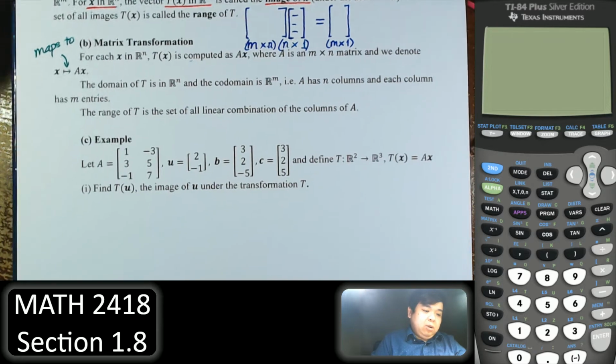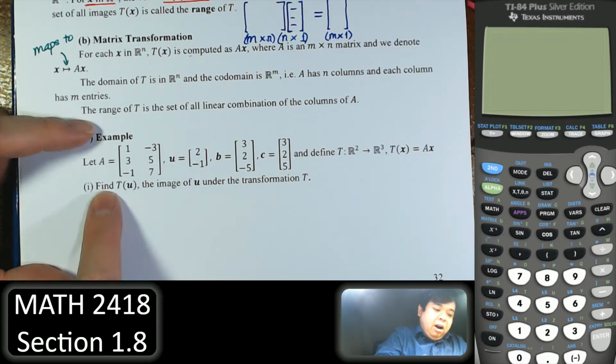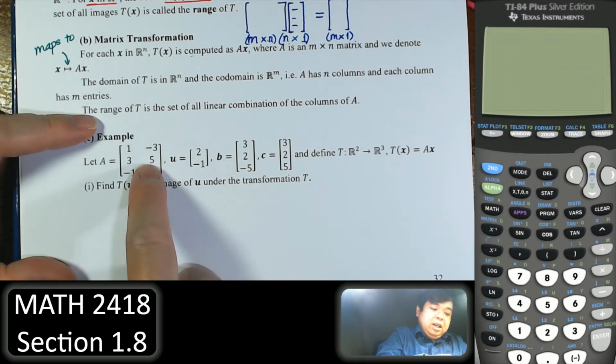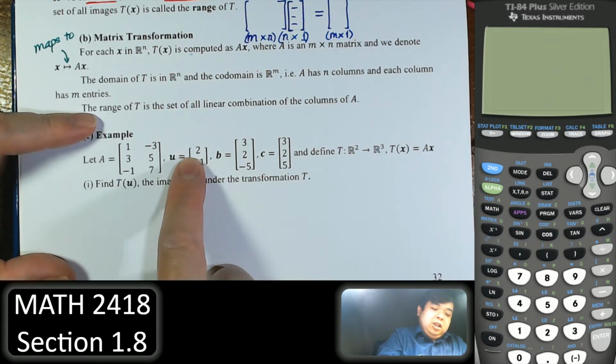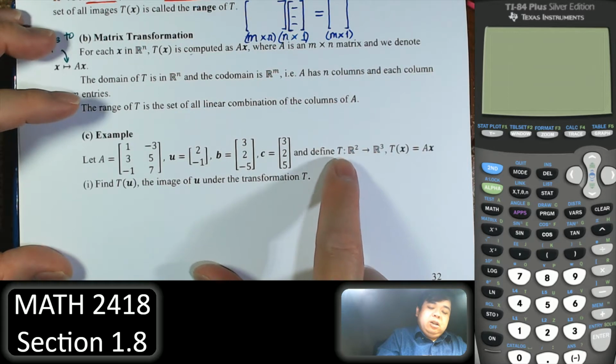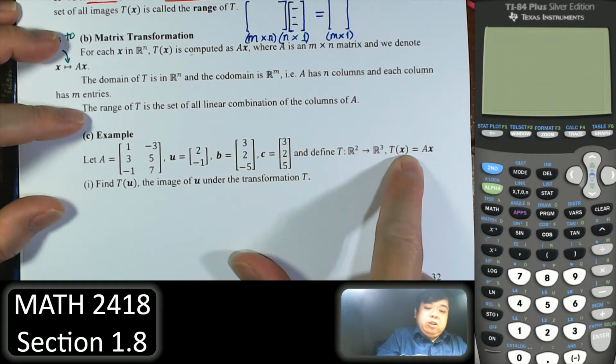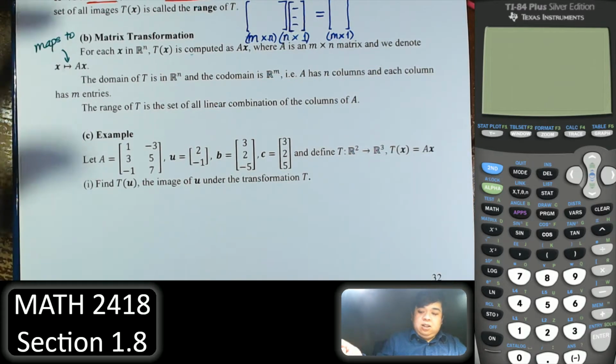Now let's go to this example. Find T of u, the image of u under the transformation T, where A is this matrix and u is this vector. The transformation T goes from R2 to R3 given by T of x equals A times x. So it's easy enough.